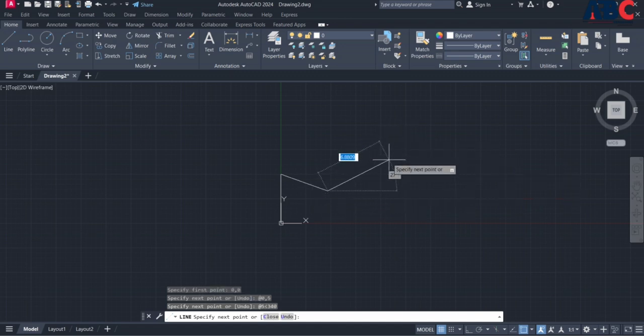This is how I can work with the polar coordinate system.